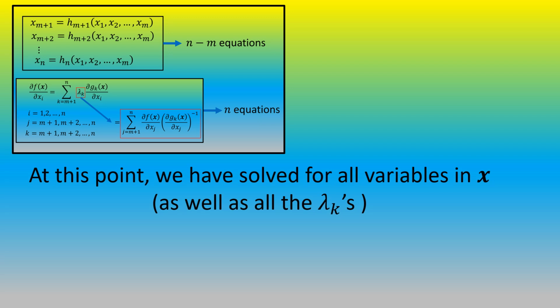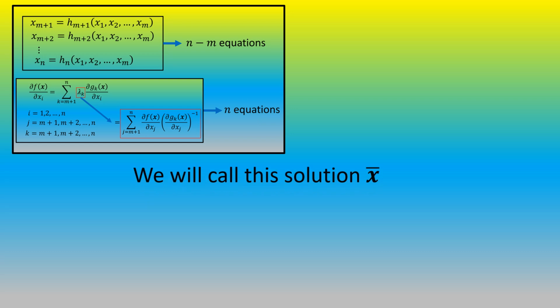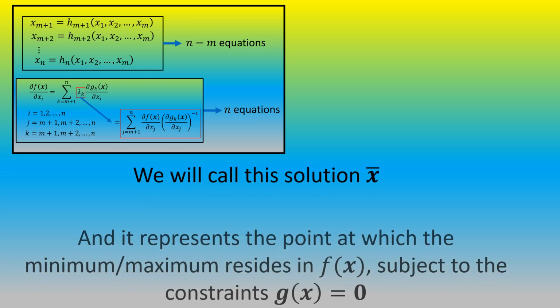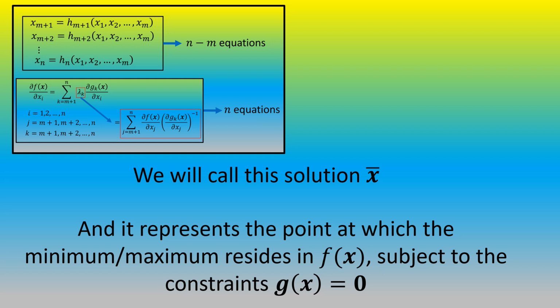So at this point, we have solved for all variables in x, as well as all the lambda k's. So we will call this unique solution x bar from that system of equations, and it represents the point at which the minimum slash maximum resides in f of x, subject to the constraints g of x is equal to the 0 vector.